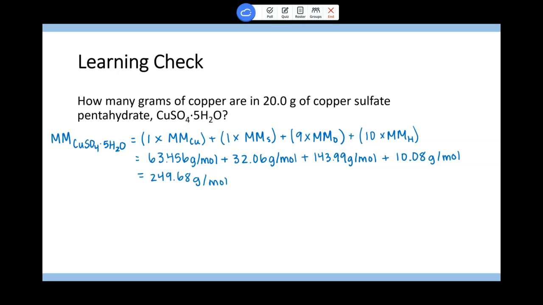Okay, so we've used the periodic table to calculate the molar mass of the full compound, and then to find the percent composition of copper in this compound by mass, we divide the mass of copper in the compound, 63.456, divided by the total molar mass.